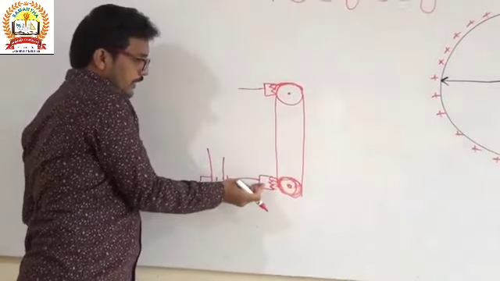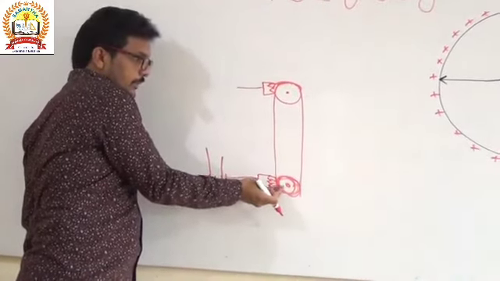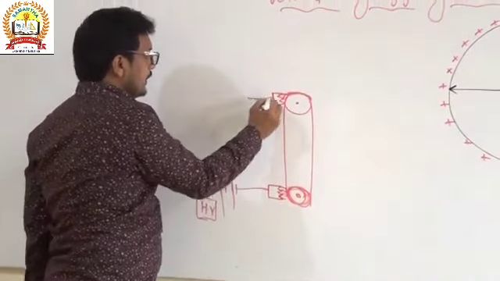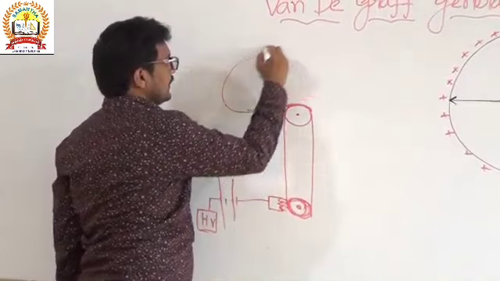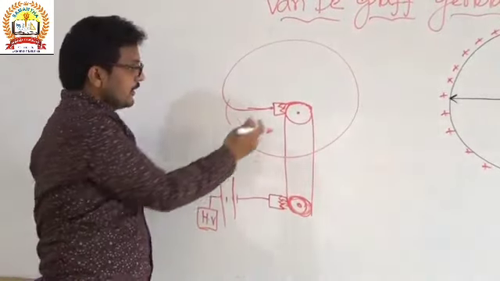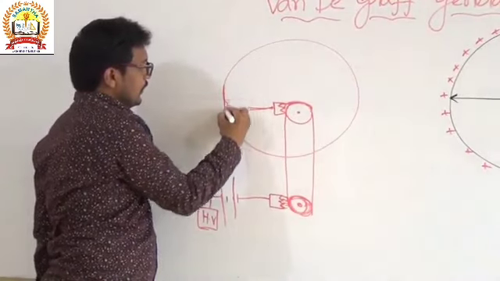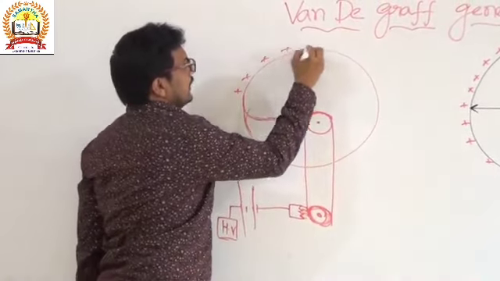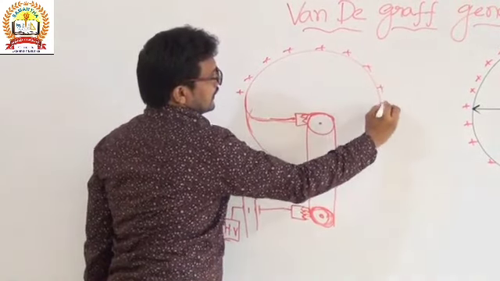Now when the electrons pass through the belt, they are received by the receiver comb, which is connected with the hollow sphere. The charge passes through the receiver comb and resides on the outer surface.